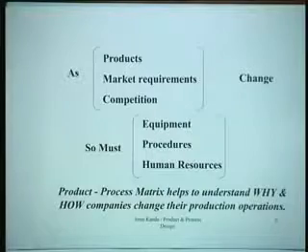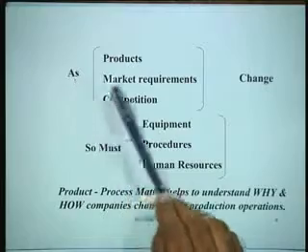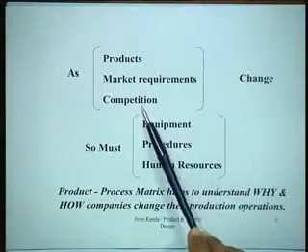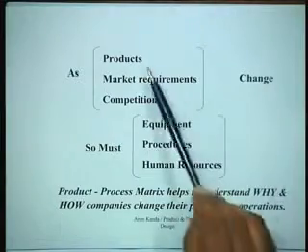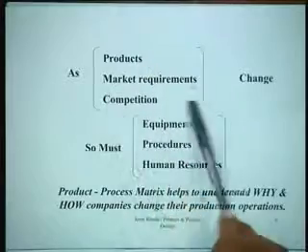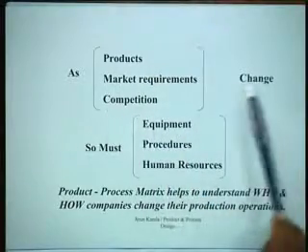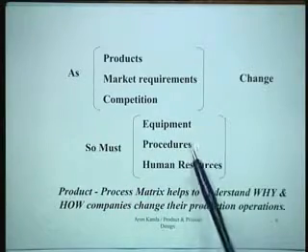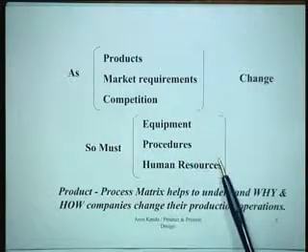So the lesson is that as a company's products, market requirements, and competition change, these are major things for the company. Products keep changing, market requirements keep changing, competition keeps changing. So must the equipment, procedures, and human resources.